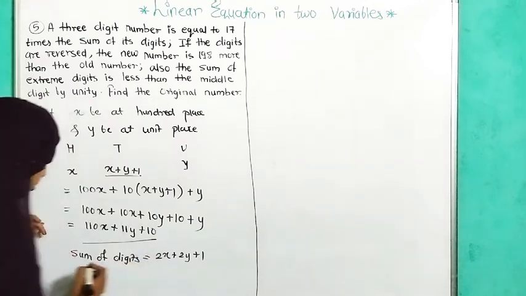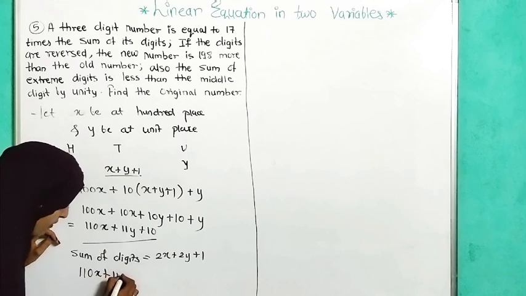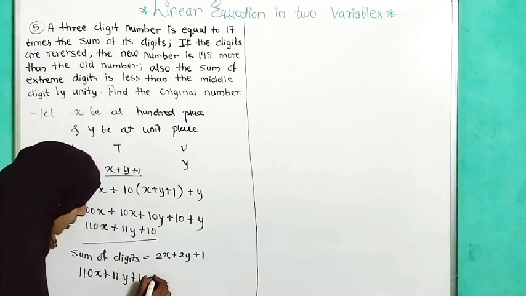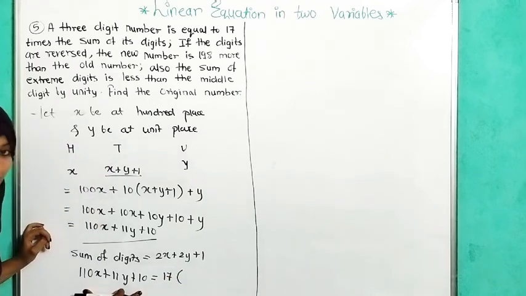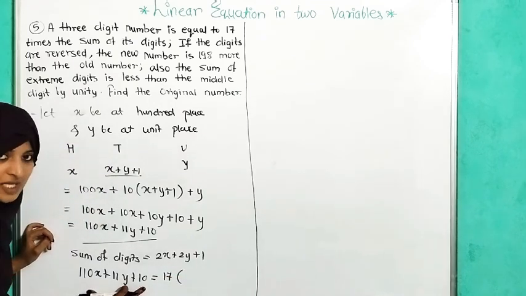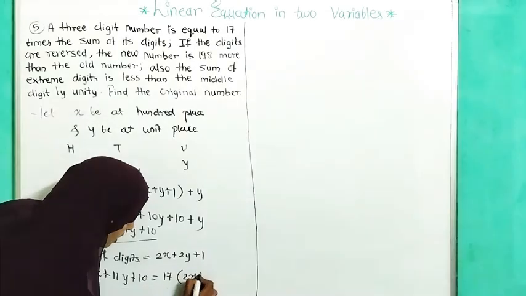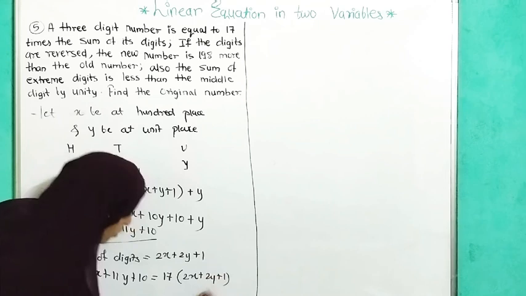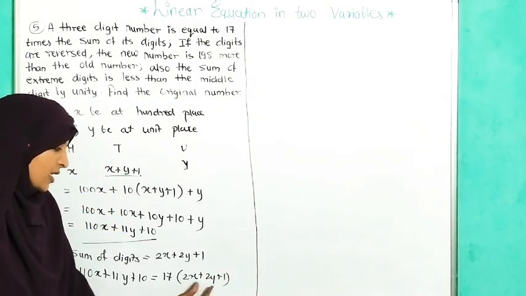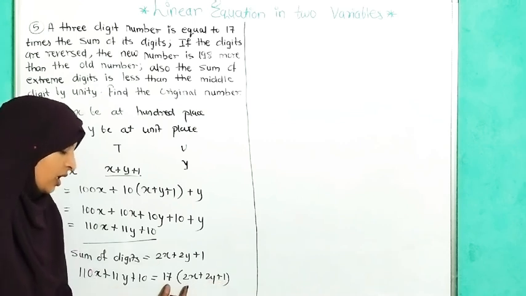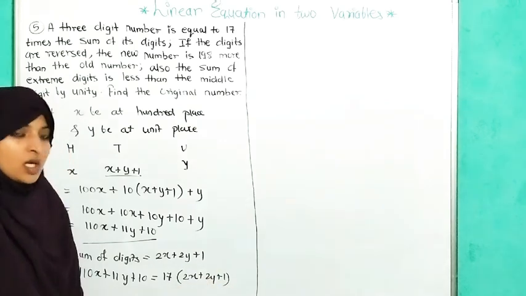So we get 110x plus 11y plus 10 is equal to 17 into the sum of the digits, 2x plus 2y plus 1. If we multiply 17 by 2x plus 2y plus 1, it becomes 34x plus 34y plus 17.